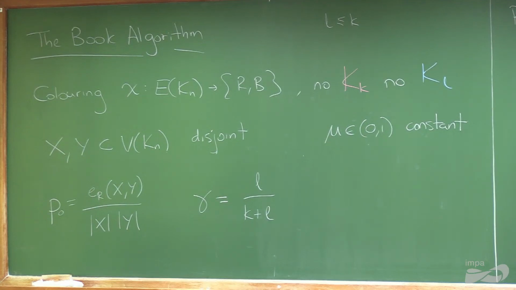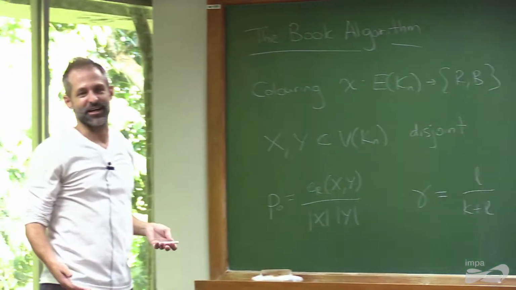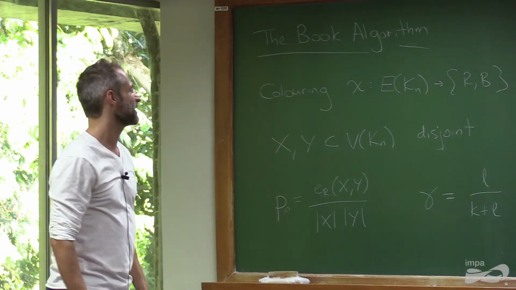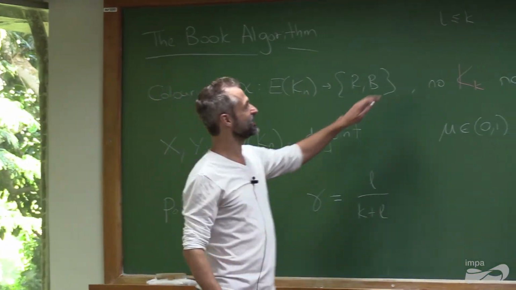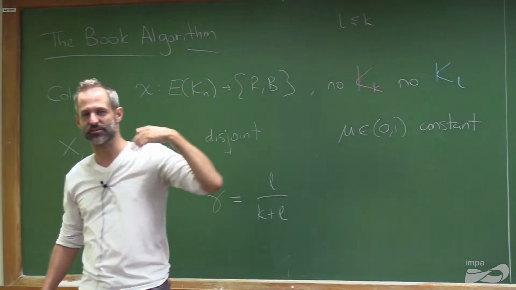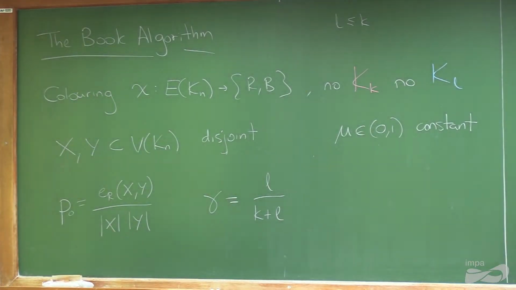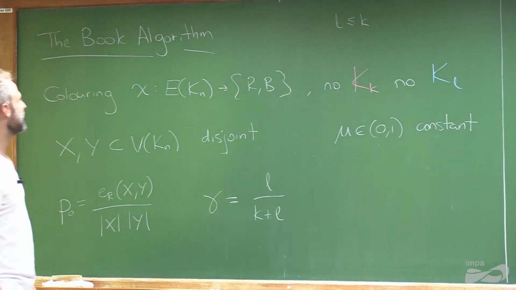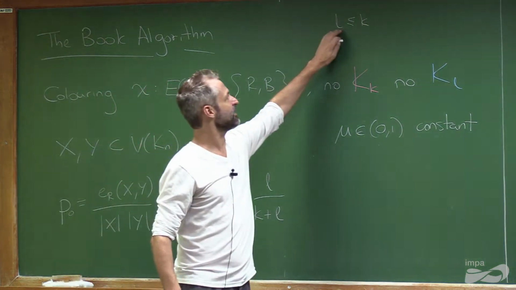Yeah, so the algorithm is going to work for every l at most k. It's going to give a book of a different size. So when we deal later with l being very close to k, we're going to have to think about what we're doing. But the algorithm works for every l at most k. l doesn't even need to be of order k.